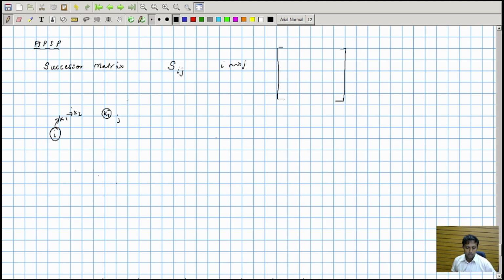So if you know the successor matrix, one can decipher the shortest path, and this takes time linearly proportional to the length of the path. If the path is long, then of course describing that path takes a long time. Now how do we compute this particular successor matrix?